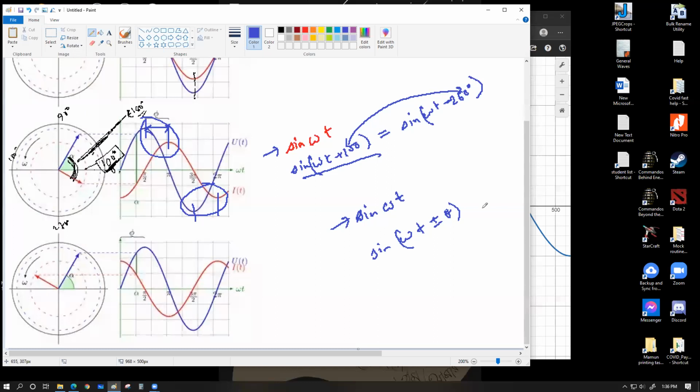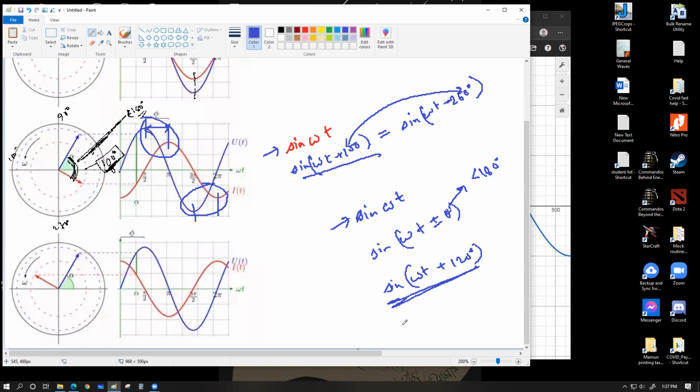It is convenient to visualize the graph if we keep this theta value lower than 180°, because that gives us easier visualization. So if I write sine omega t plus 120°, this would mean that the crests are going to be on the left of the original graph, 120° earlier.